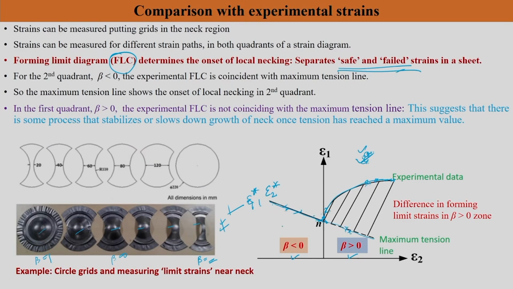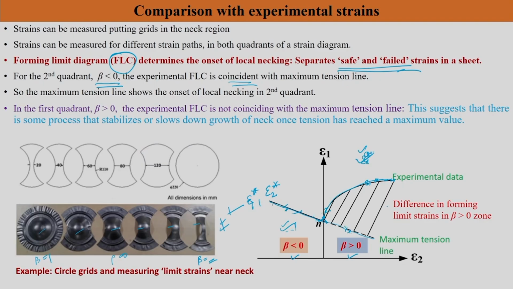You will see that when beta is less than 0, that means minus half, 0, or in between, the experimental data and the maximum tension line to some extent coincide well. So when beta is less than 0, the experimental FLC coincides with the maximum tension line mostly, there is no issue.